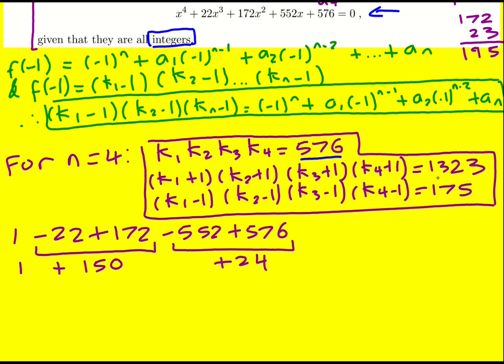Now, the one to go with first, I think, is the simplest one. 175 is the smallest number. So let's write it as a product of prime factors. Well, 5 is going to divide into it, leaving me 35. So actually, this here is 5 squared times 7.